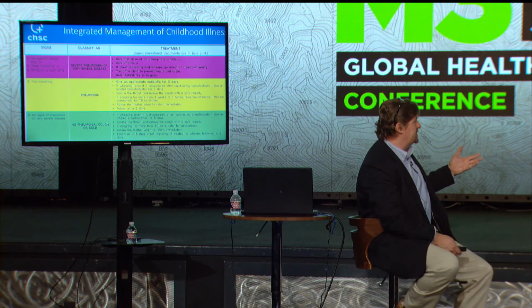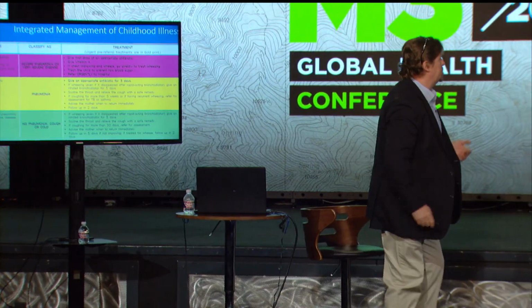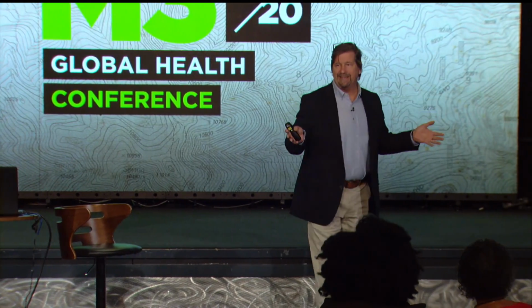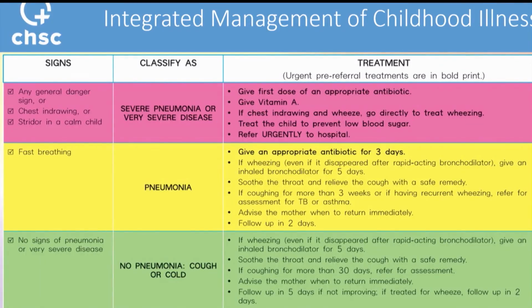Now, what happens is as healthcare professionals, we look at this and we say, oh, well, they're throwing these huge nets and creating these diagnoses for things that don't really fit the diagnosis. But in reality, they call something pneumonia or severe pneumonia or very severe disease, and they're using that as a classification rather than a diagnosis.